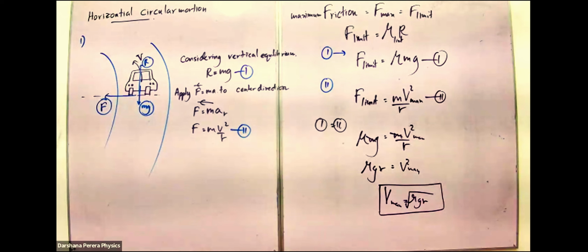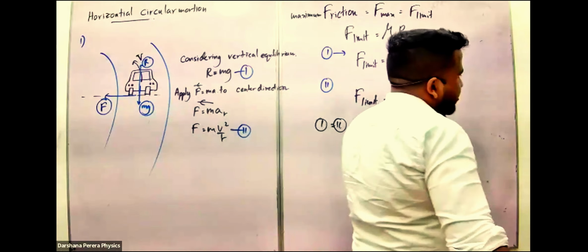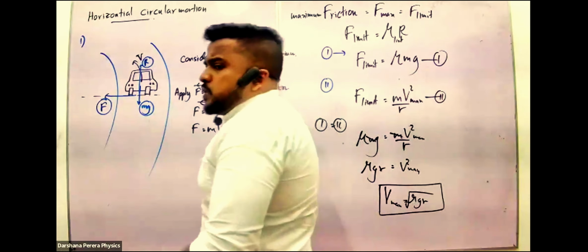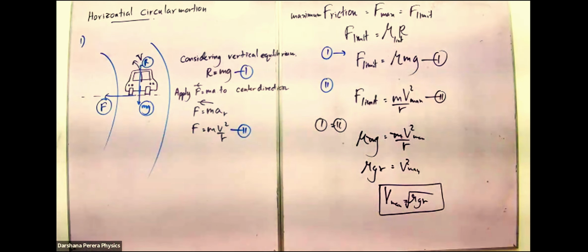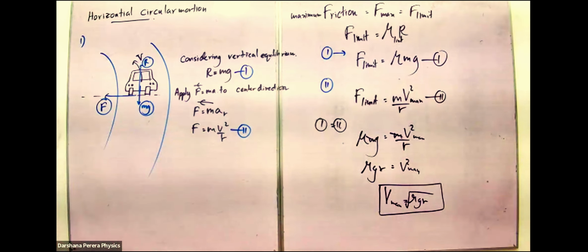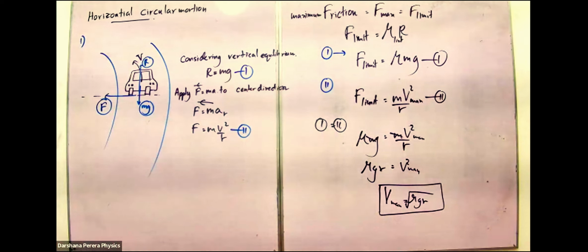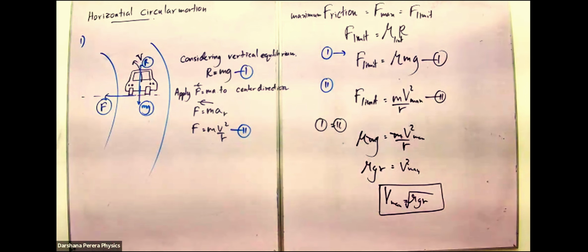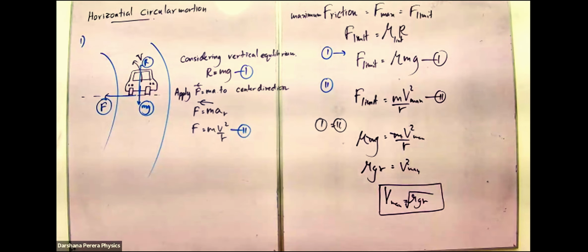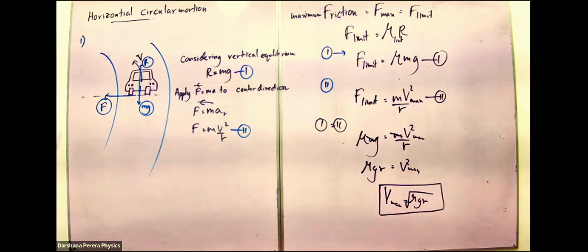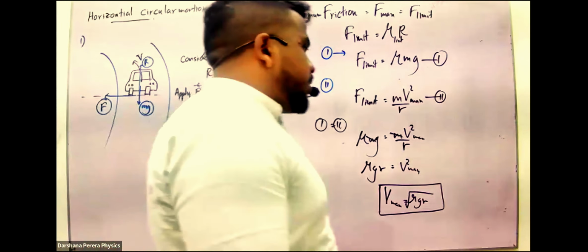Okay, then write down: when mu increases, Vmax also increases (in brackets, when roads in dry condition).